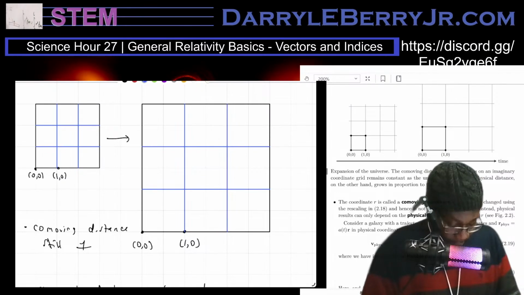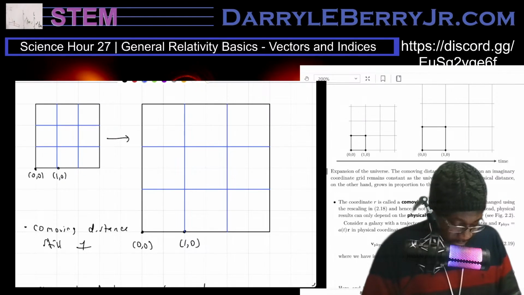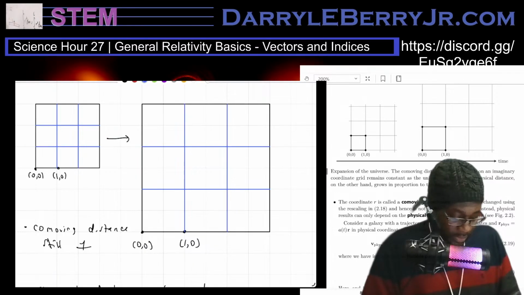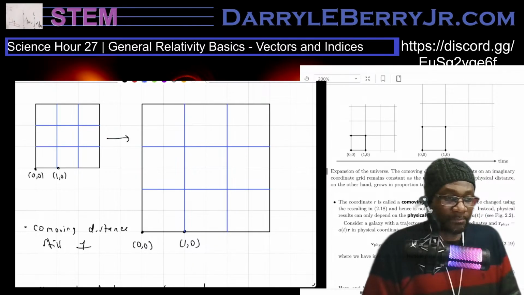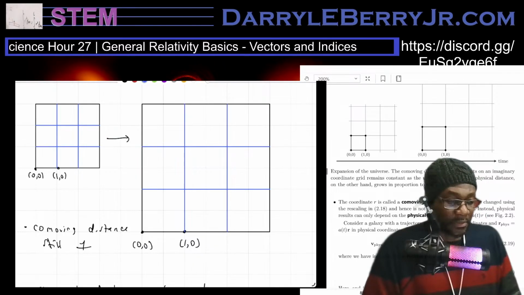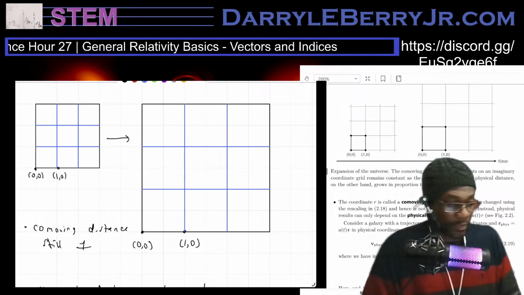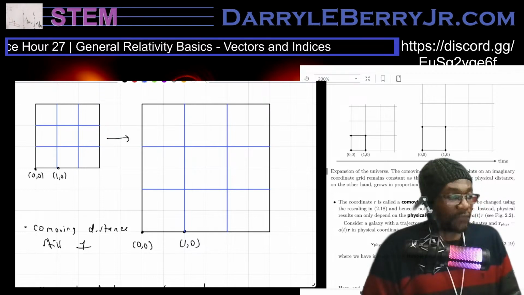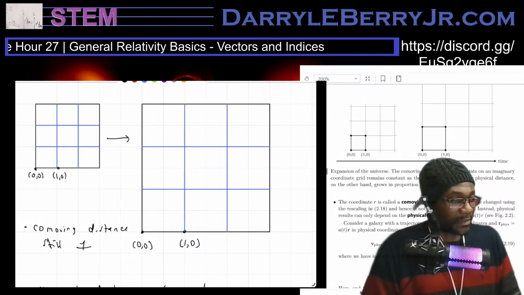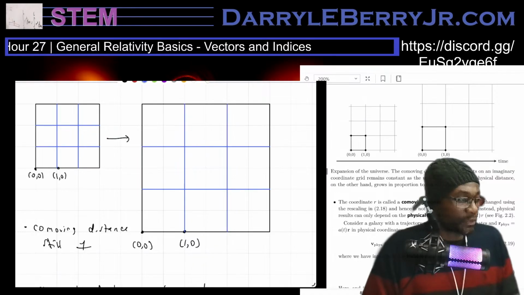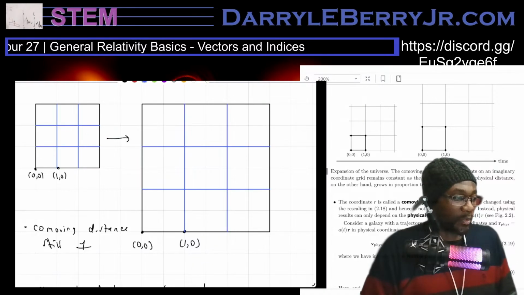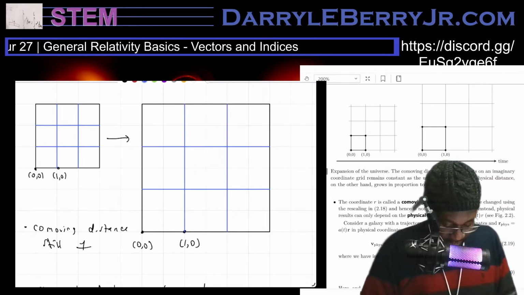We have the co-moving distance 0, 0 to 1, 0. That stays the same. So the position in space relative to another position in space, given the expansion of the universe, will remain the same. But the physical distance between the two expands. The physical distance, on the other hand, grows in proportion to the scale factor a of t.